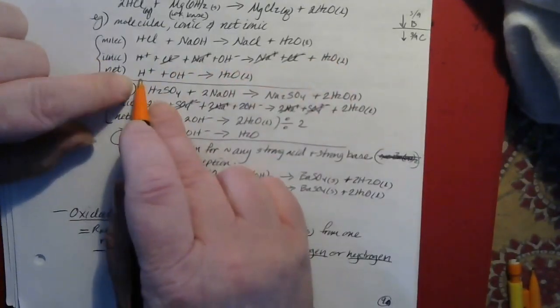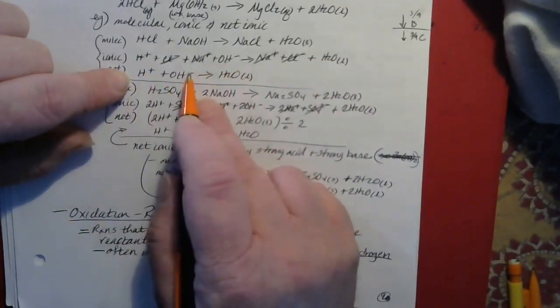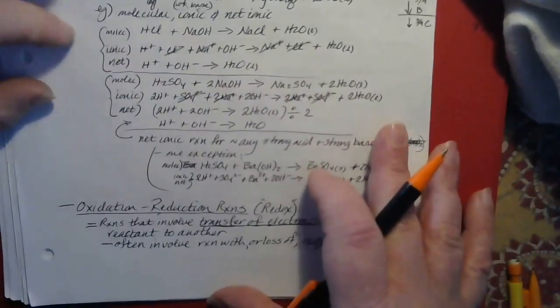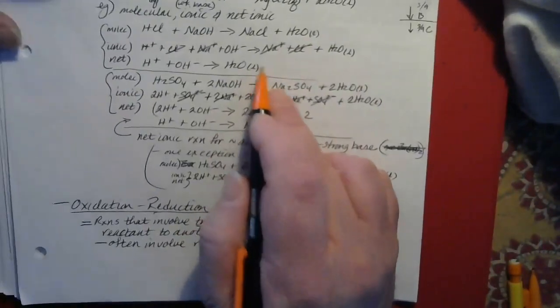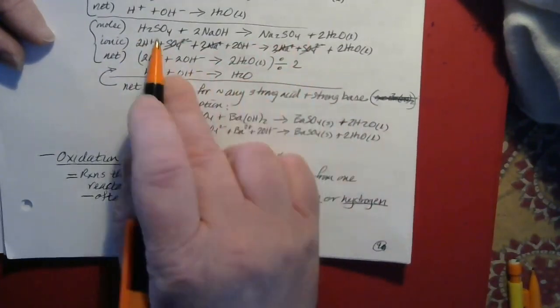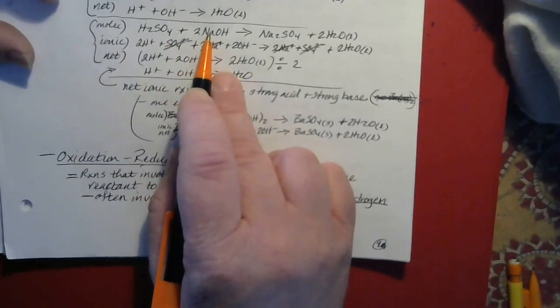On the other hand, the OH minus is part of H2O, so that has to stay. So our net ionic reaction is H plus plus OH minus yields H2O. Just what I said it would be, because that's always the net ionic equation for strong acid and strong base type reactions.